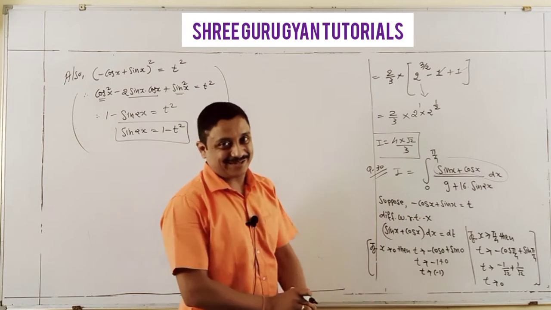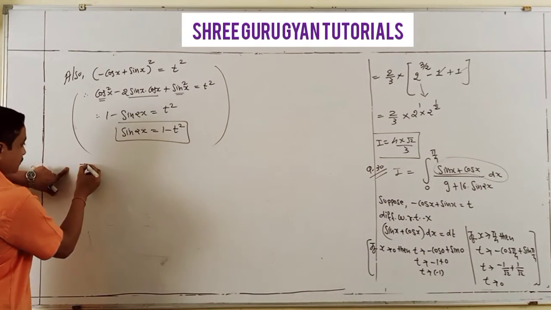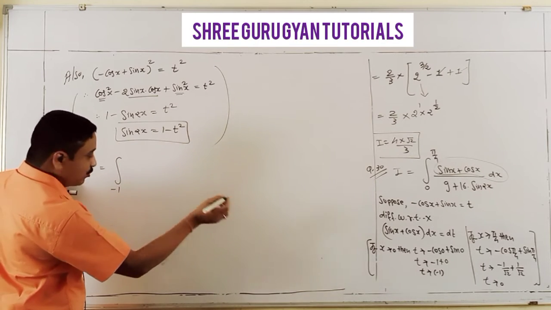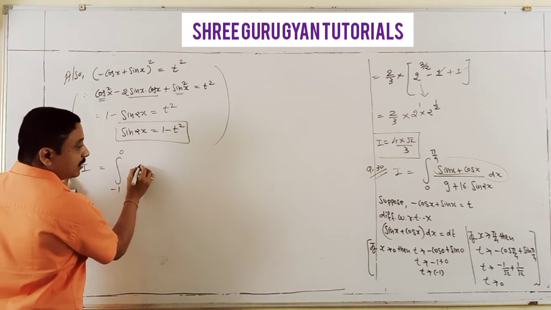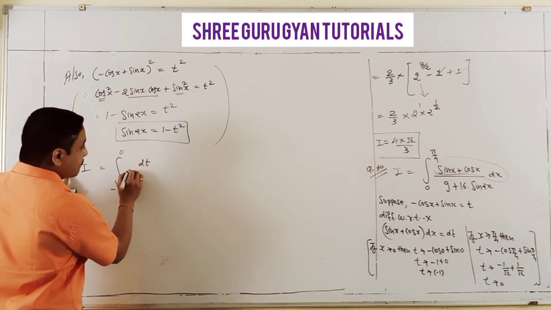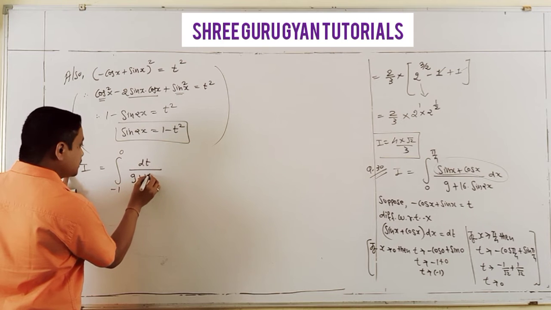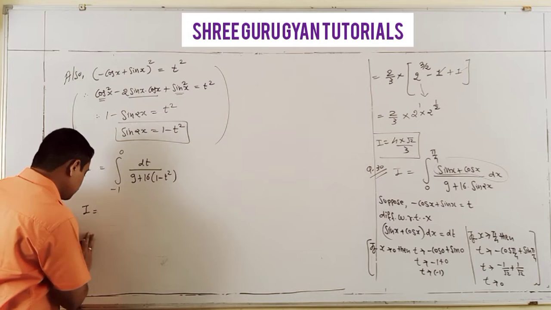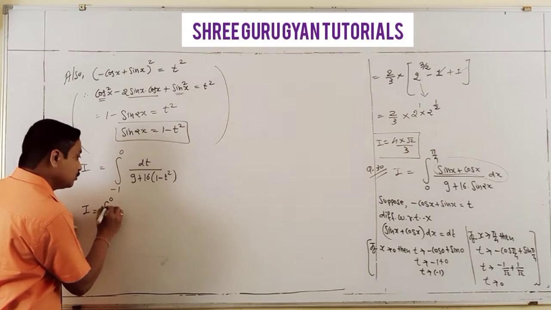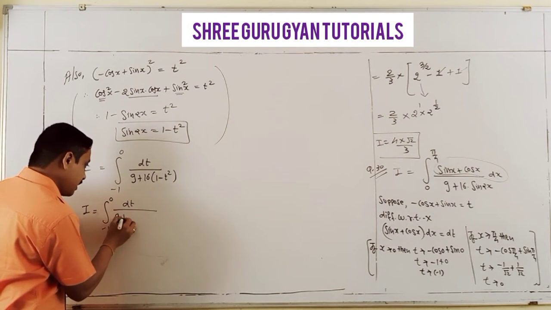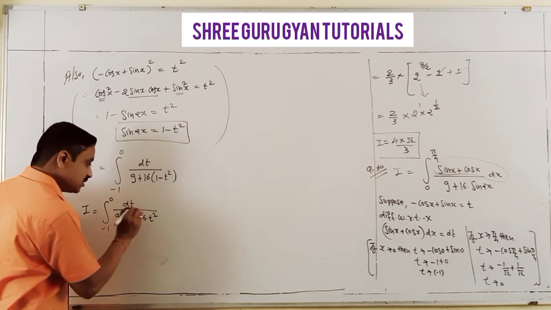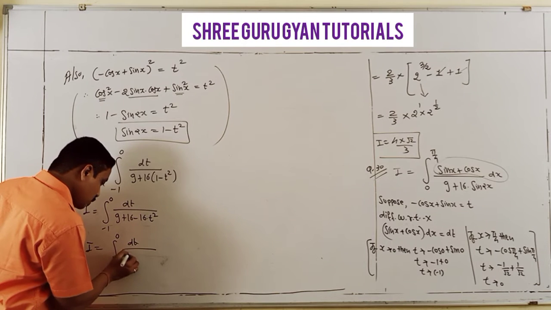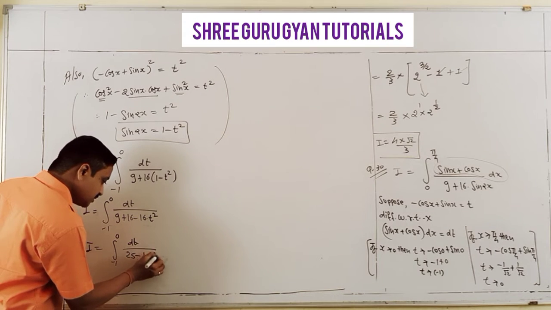Now I start the solution systematically. So my integration, lower limit minus 1, upper limit 0, upper side dt, and lower side 9 plus 16 times 1 minus t square. Now easily done. Students, my solution is integration from minus 1 to 0 of dt over 9 plus 16 t square, so indirectly you can get 25 minus 16 t square.